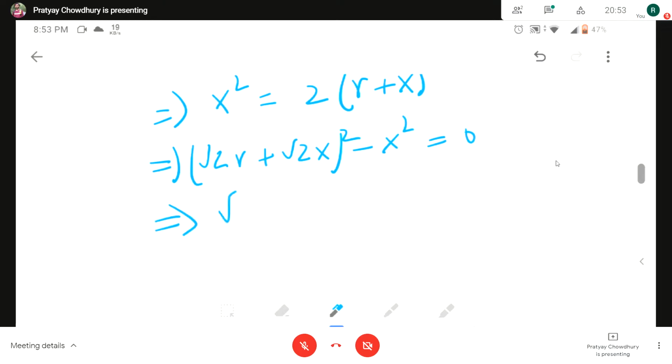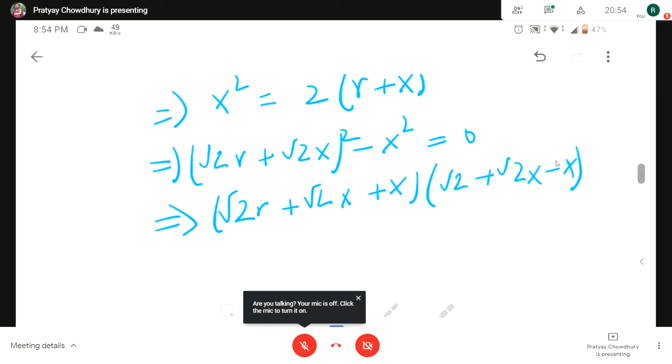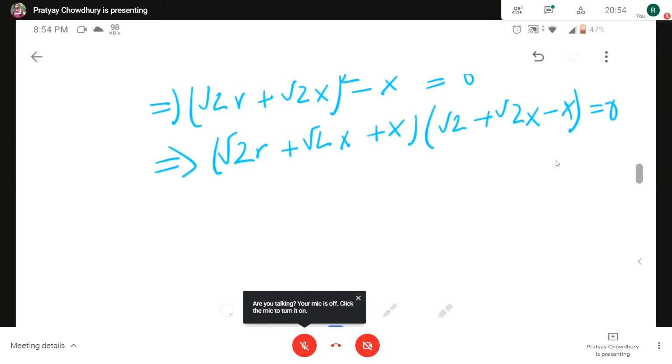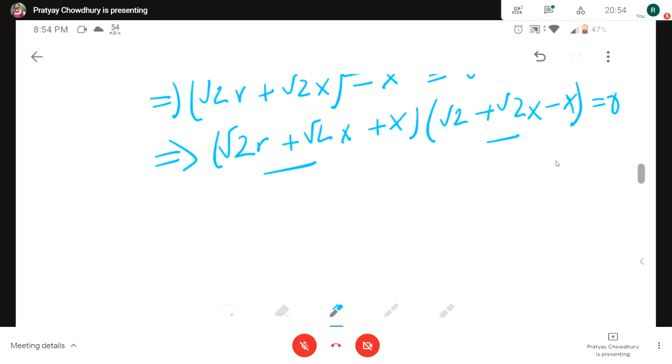So we can write it as (root 2 r plus root 2 x plus x) into (root 2 r plus root 2 x minus x) is equal to 0. This can be 0 and this can also be 0. We'll find out the solutions individually.